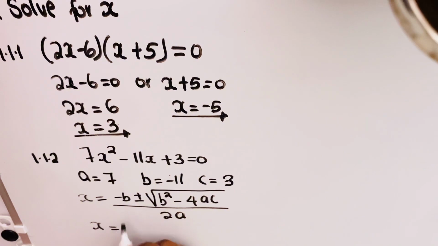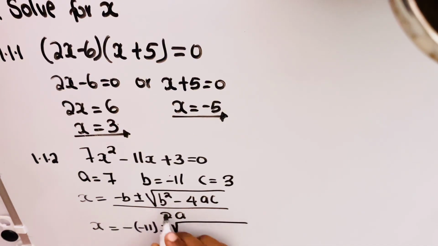X is equals to the minus of b, then the b is negative 11 in brackets, negative 11, plus or minus square root of negative 11 squared minus 4, a is 7, c is positive 3, divide by 2, a is 7.